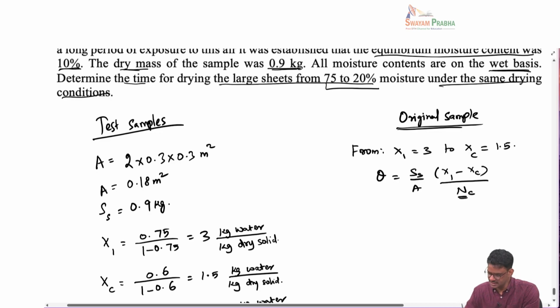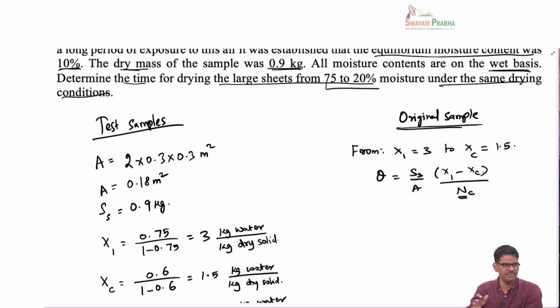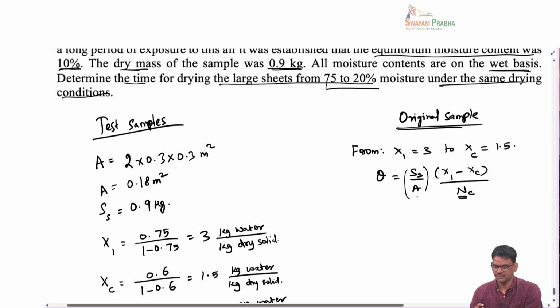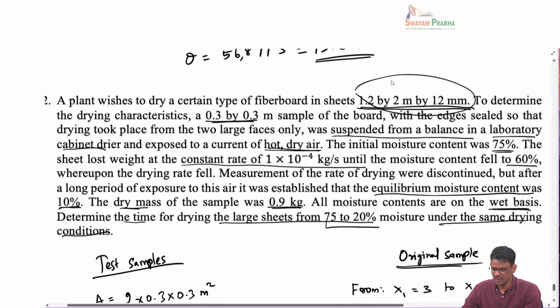This NC is obtained from the test sample. The initial moisture content and the critical moisture content are the same for both the test sample and the original sample, by assumption. But do we know the area and the mass of the original sample? We only know the area, but we don't know the mass.